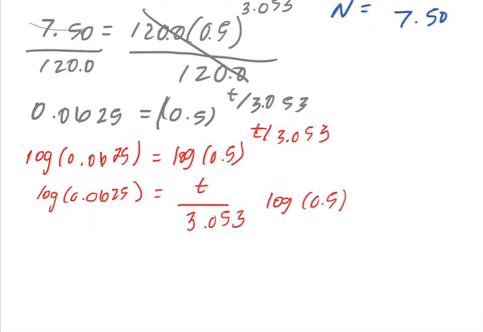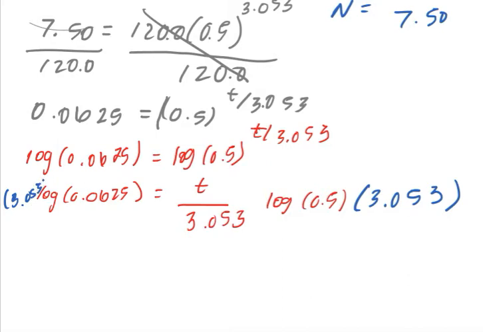Now, this is just a regular equation that we've done in algebra. I can multiply both sides by 3.053 so I can get that out of the denominator.